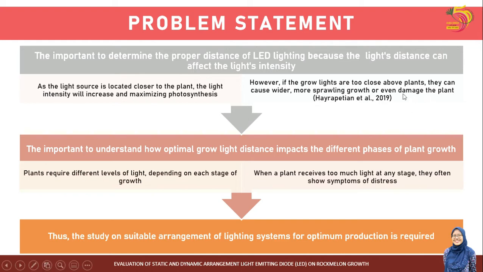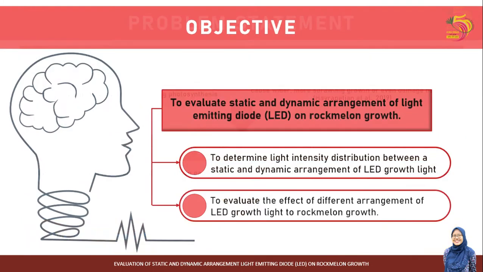Next, it is important to understand how optimal grow light distance impacts the different phases of plant growth, where plants require different levels of light depending on each stage of growth. Where a plant receives too much light at any stage, they often show symptoms of distress. Thus, a study on the steady arrangement of lighting system for optimal production is required.